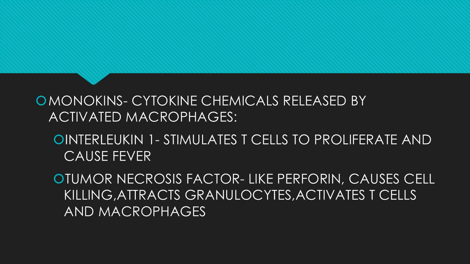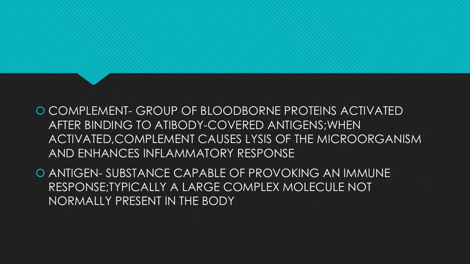And the tumor necrosis factor, like perforin, causes cell killing, attracts granulocytes, activates T cells and macrophages. And the complement, a group of blood-borne proteins activated after binding to antibody-covered antigens, when activated, causes lysis of the microorganism and enhances inflammatory response.